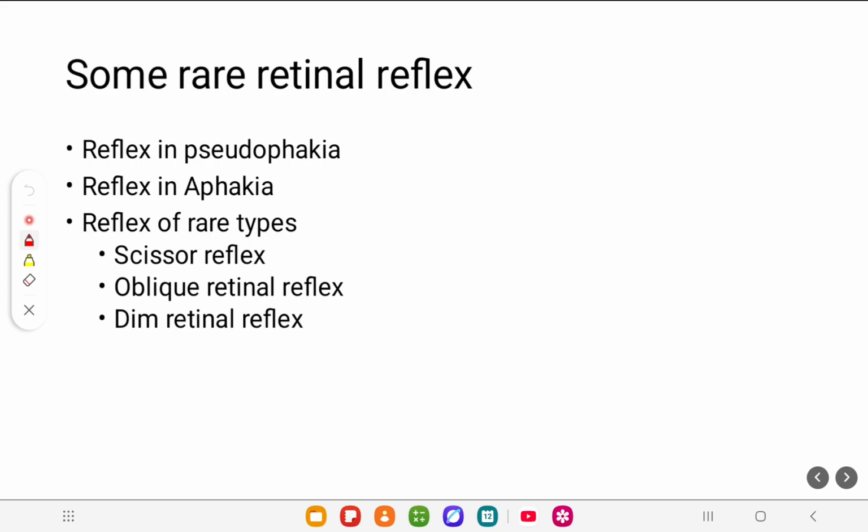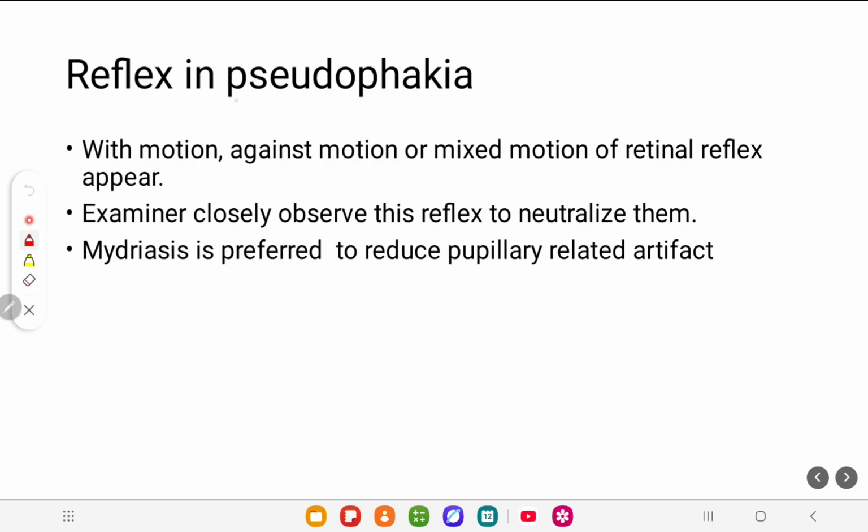Rare retinoscopic reflexes: the reflex in pseudophakia, the reflex in aphakia, and other rare types are the scissor reflex, the oblique retinal reflex, and the dim retinal reflex. Okay, in pseudophakia, with motion, against motion, or mixed motion of the retinal reflex appear. Examine closely and observe this reflex as you neutralize them.